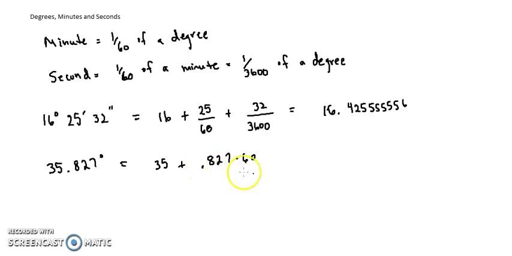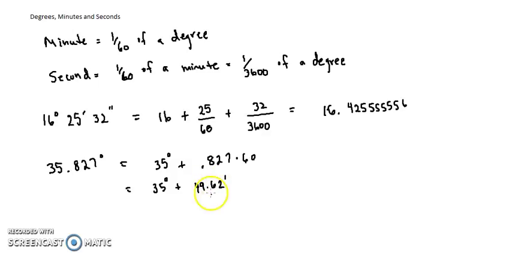And that's going to give us the minute portion of this decimal. So you get 35 degrees, this is the degree part, plus 0.827 times 60 gives us 49.62 minutes.